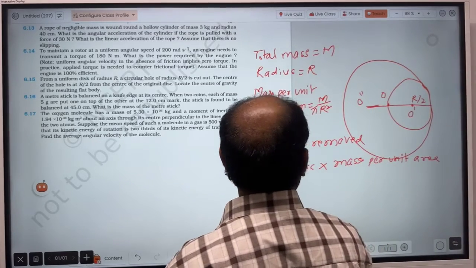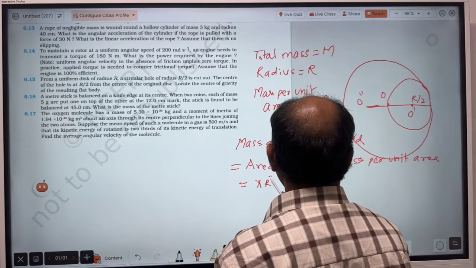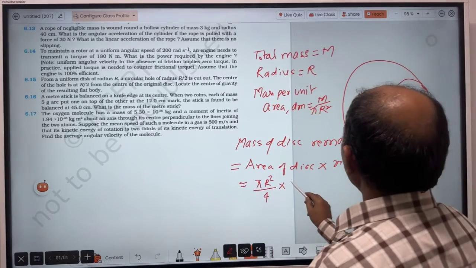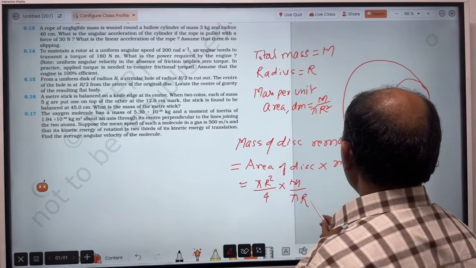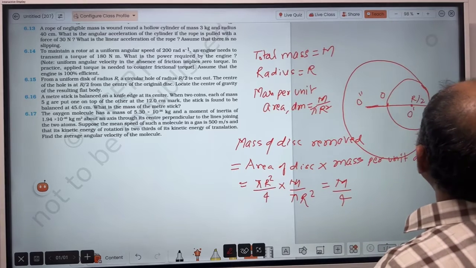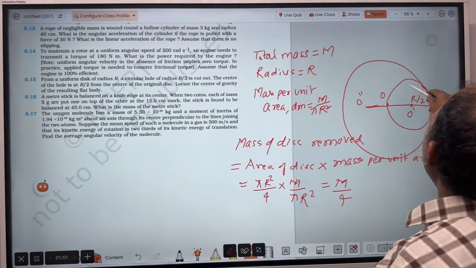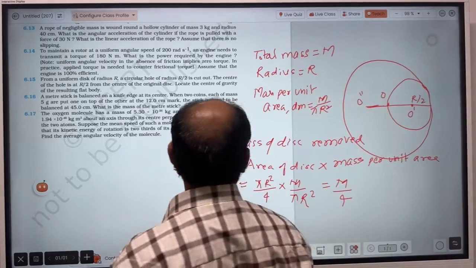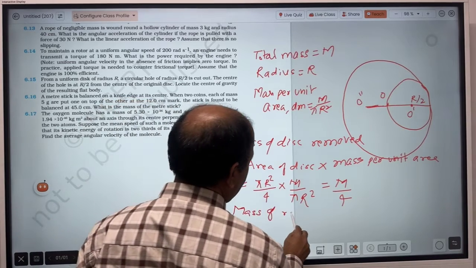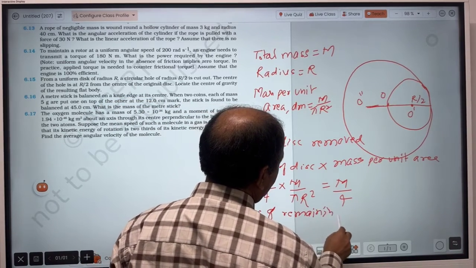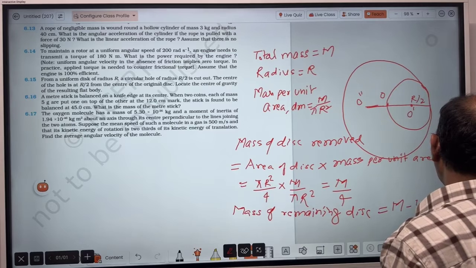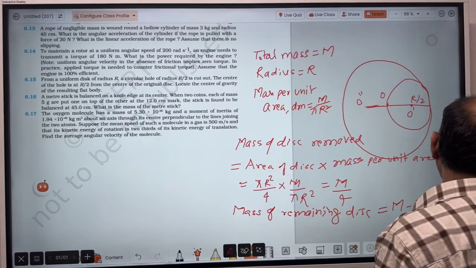The area of the disc is pi (R by 2) square, so pi R square by 4, multiplied by mass per unit area, which is M divided by pi R square, so we get M by 4. So the mass of the removed disc is M by 4. So the mass of the remaining disc is equal to M minus M by 4, that is 3M by 4.